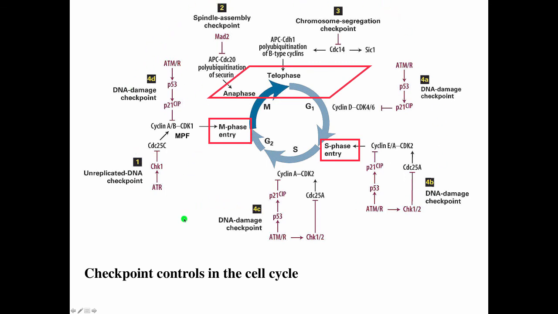Again, more complicated than we need to worry about, but there's an unreplicated DNA checkpoint, a spindle assembly checkpoint, a chromosome segregation checkpoint, and then look at the DNA damage checkpoints that can operate all the way around all the triggers in the cell cycle.